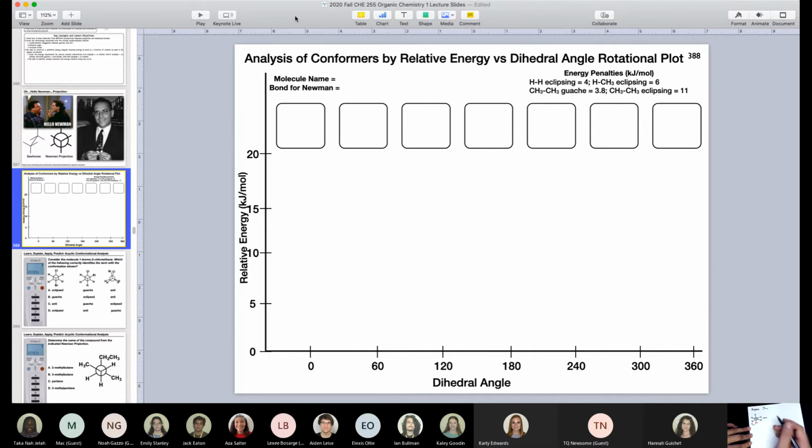Always do the rotations clockwise. So the curves don't really look like sine or cosine, unless it looks specifically like that. But this one's going to look a little bit different because you have a separate energy penalty.